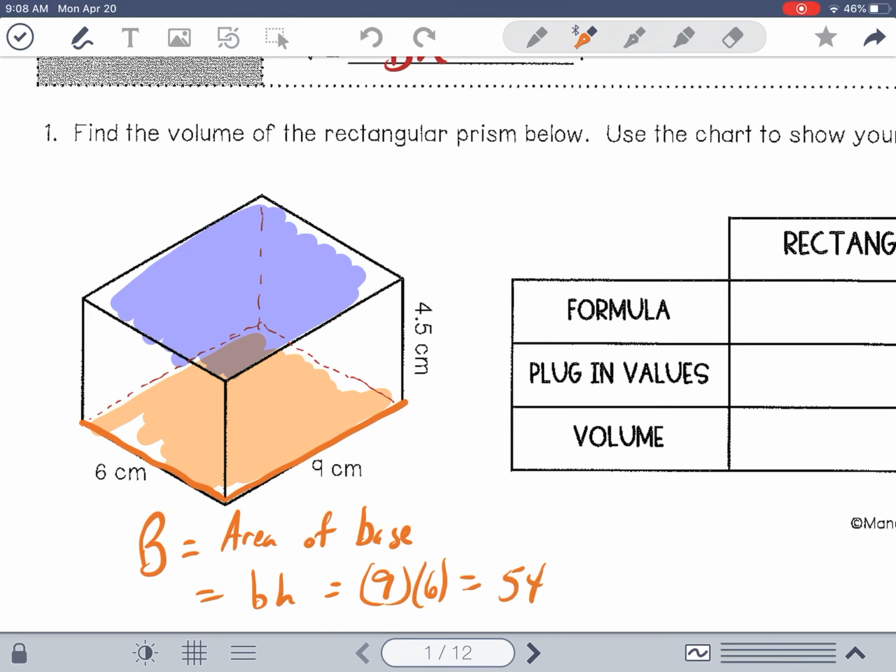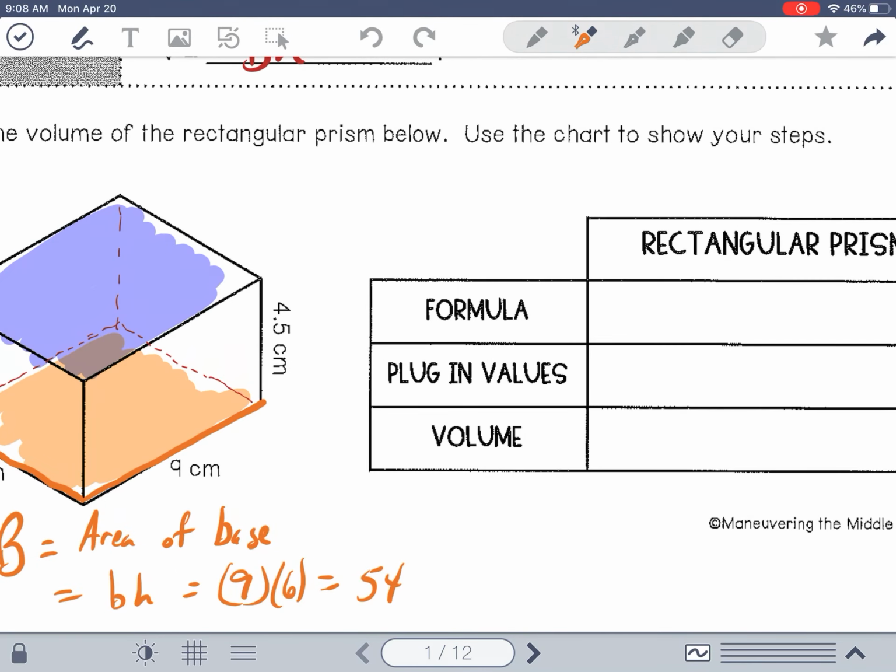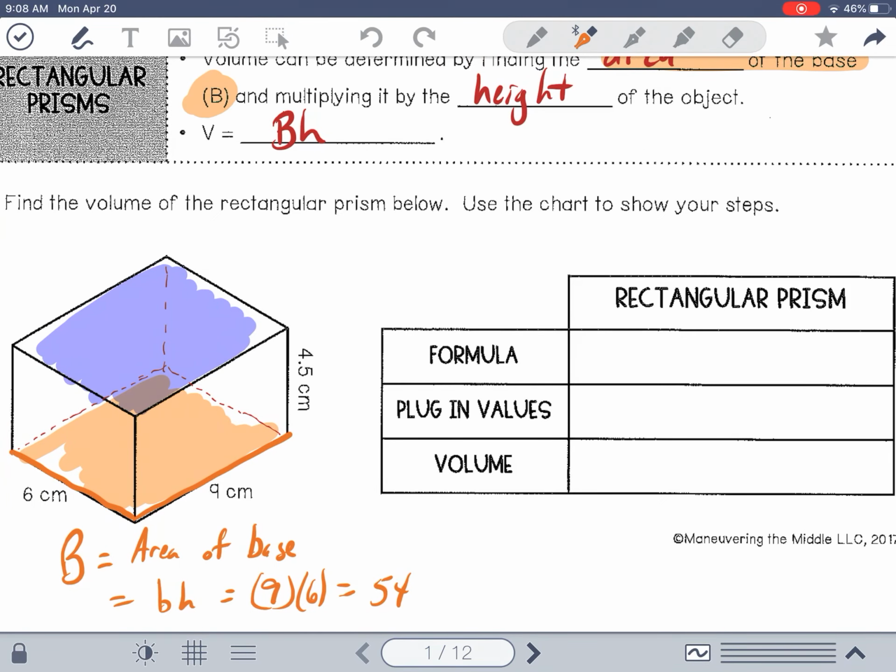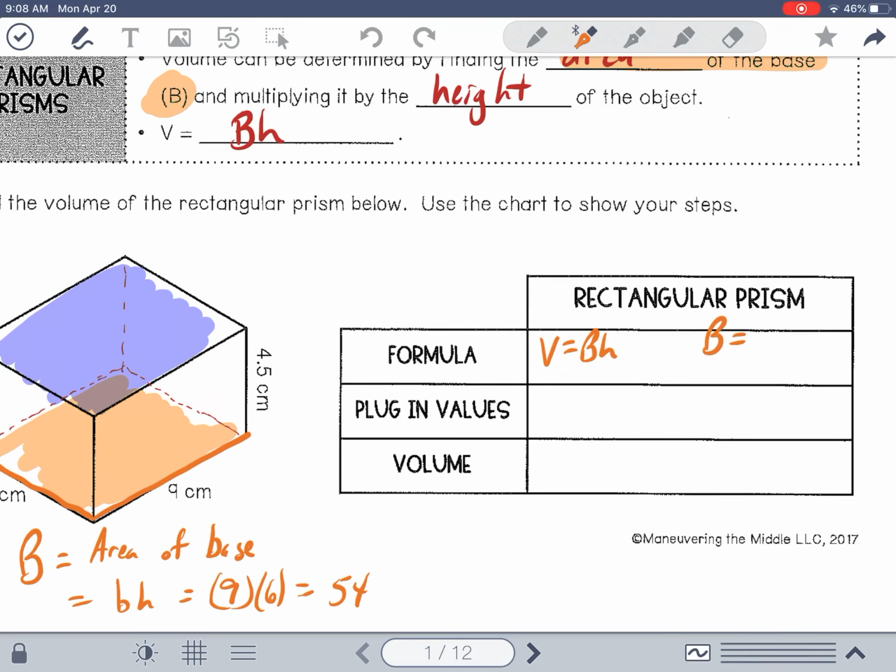That's 54. Now let's come over here and look at that. The volume is equal to capital B times H, where capital B, or big B, is the area of the base. That's 54, which we just determined on the bottom left. So now let's plug in those values. V is equal to 54.